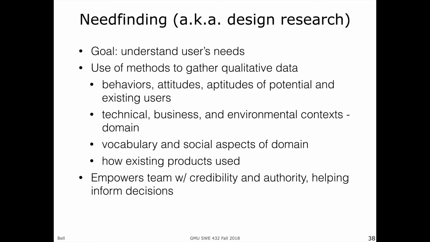We would like to design something that is built specifically for our users, so let's understand what it is that our users need. We use different kinds of methods to gather qualitative data. So qualitative data, as opposed to quantitative data, is going to be describing things like behaviors and attitudes, what it is that our users want, what their aptitudes are, so how skilled are they at interacting with these kinds of systems and performing these kinds of tasks.